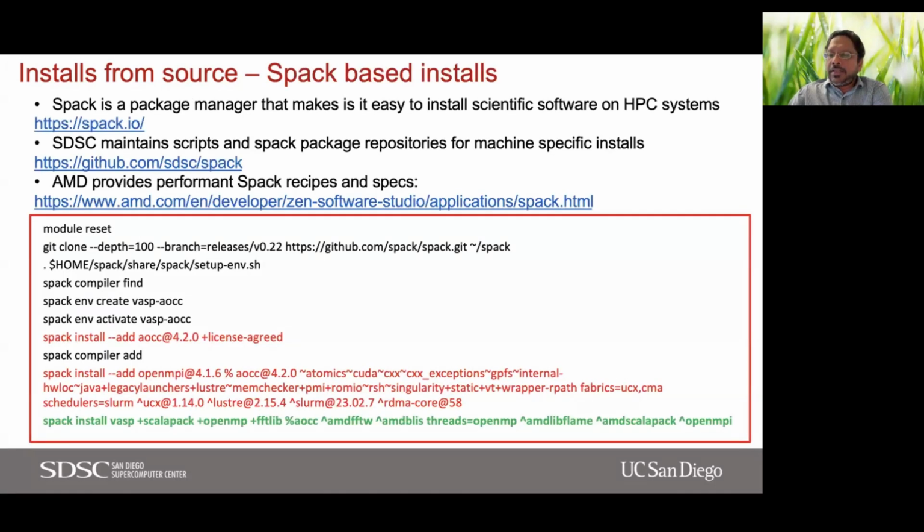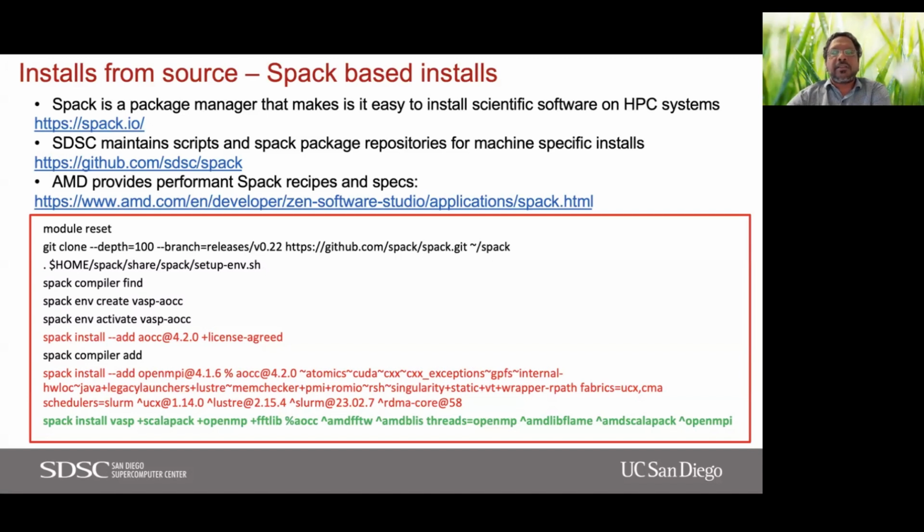All right, so that is using libraries that we already installed, using those dependencies that are already installed in modules and then building from source your own code or some other code. There are also mechanisms to do the whole install from source, including the dependencies.